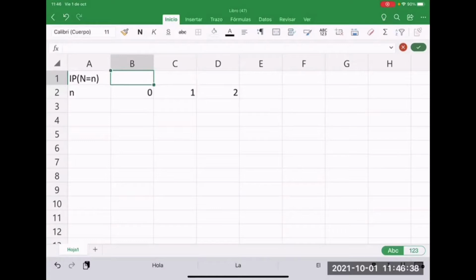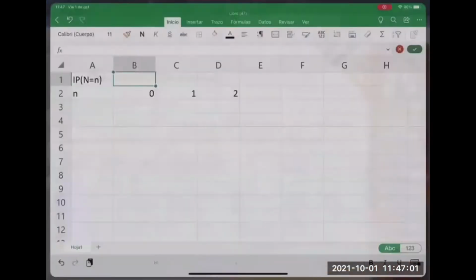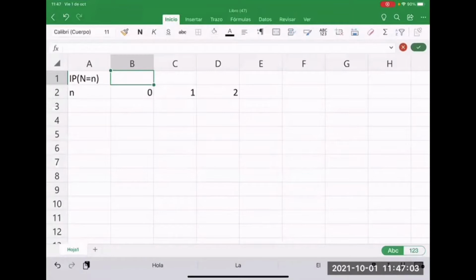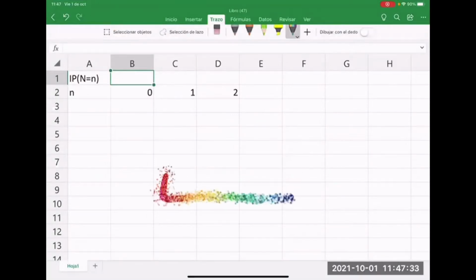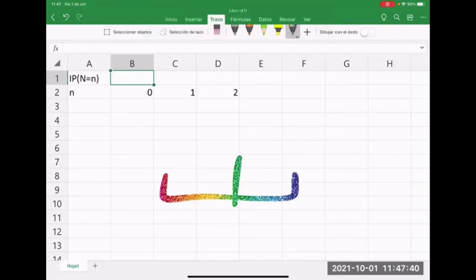So please tell me, what do you think is the probability that we have exactly 0 heads? Two coins are supposed to be tossed. So what we have is just 2 spots. We can have a head and a head, and that's 1/2 times 1/2.